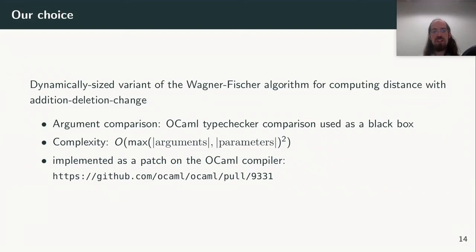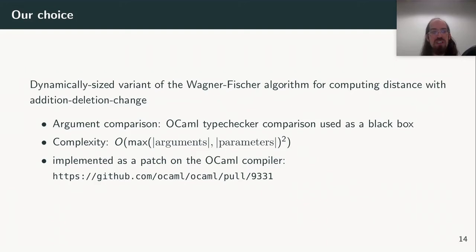So more precisely, we are using a dynamically sized variant of the Wagner-Fischer algorithm for computing distance with addition, deletion, and change. We are using the OCaml type checker as a black box for doing a module comparison, and then from there we are doing a number of comparisons that is at most quadratic in the number of syntactic arguments or parameters.